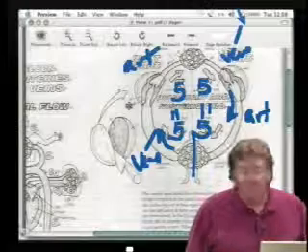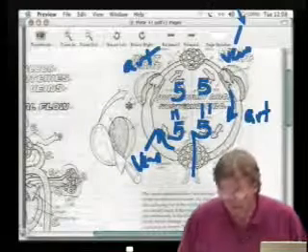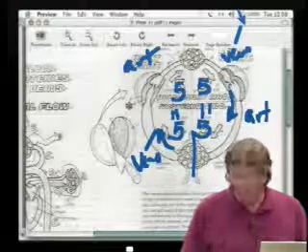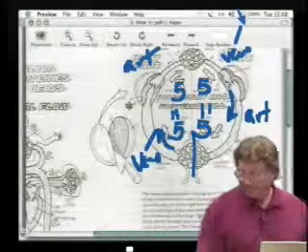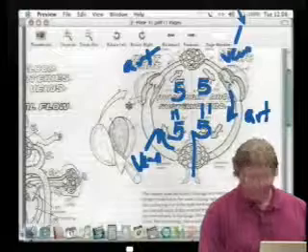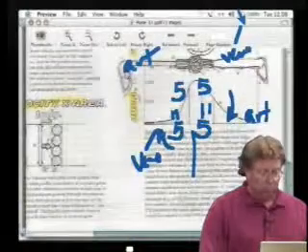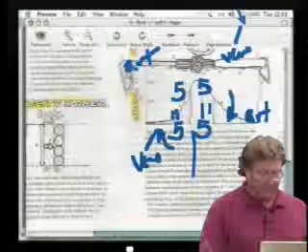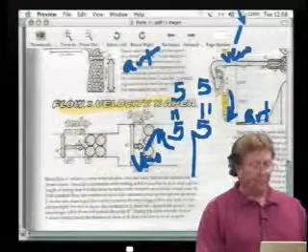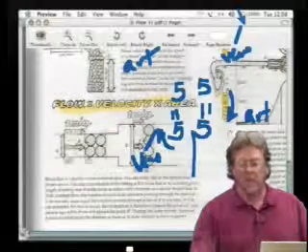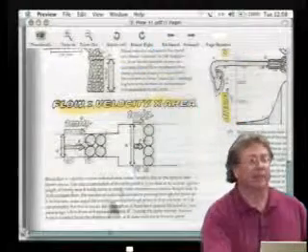Blood flow equals blood velocity times the cross-sectional area. So that flow equals velocity times area.